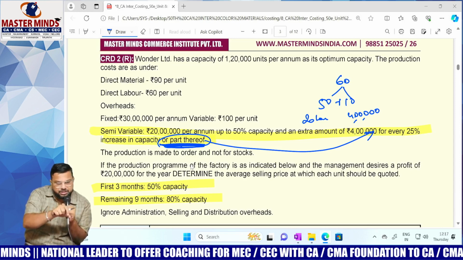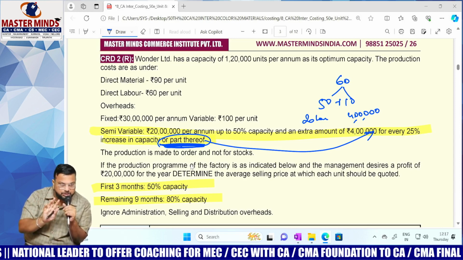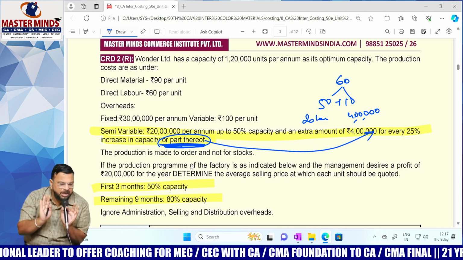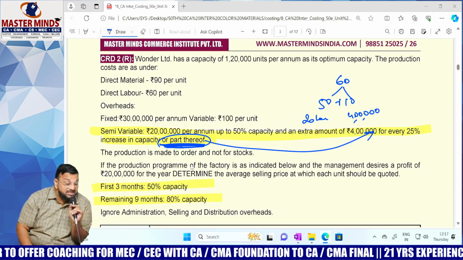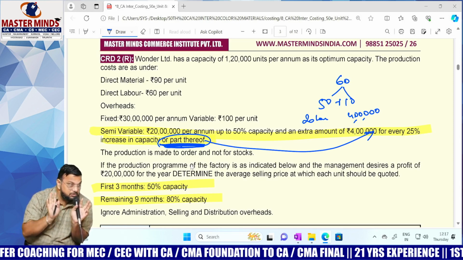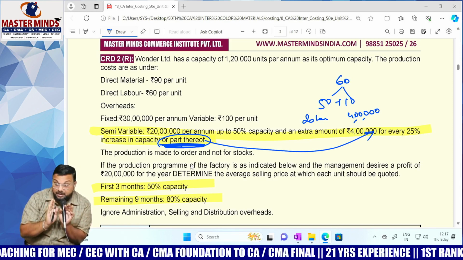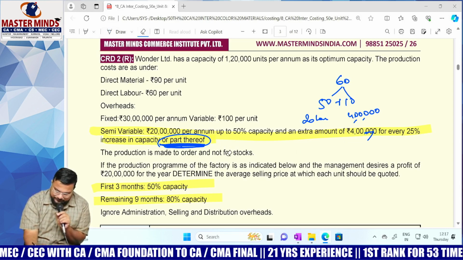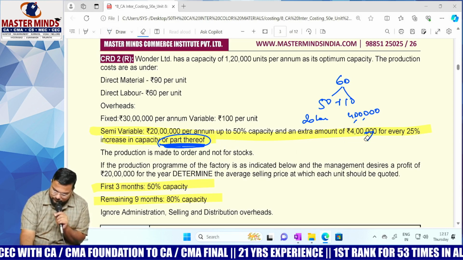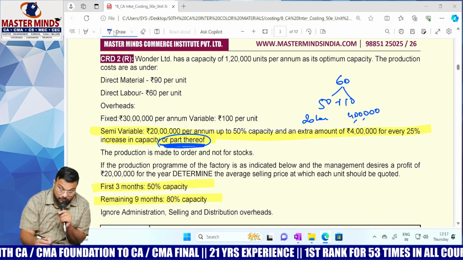For 25% it is 4 lakhs, then for 20%, how much, Nana? Okay, same kind of problem is there in cost sheet also. If not in CRD, it will be there in assignment problems, Nana. As far as I remember, I have explained that kind of problem also. Right? Next, Nana. The production is made to order and not for stocks. That means what?